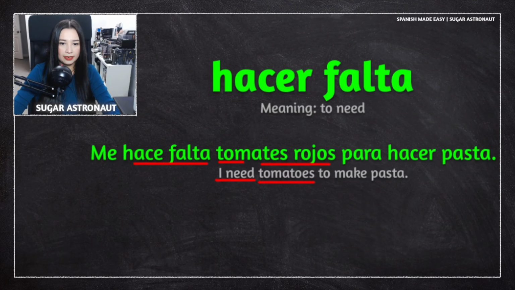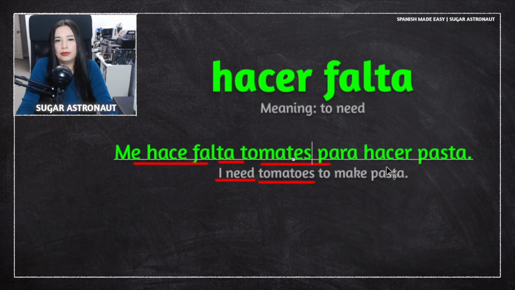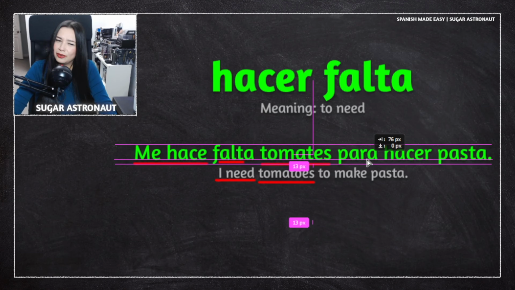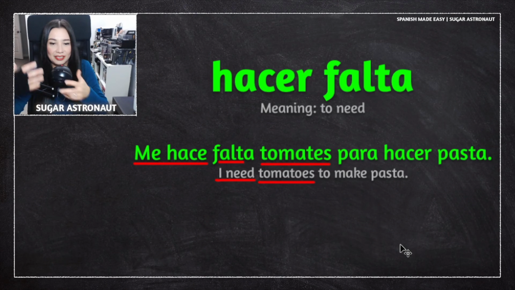So I'm just going to move this more this way. Me hace falta tomates rojos para hacer pasta. Some people just say tomates because what do you use to make pasta? You don't use green tomatoes with pasta. You usually use red tomatoes, and that's pretty much it. I mean, tomato wise, right? Because you can add so many things to pasta.